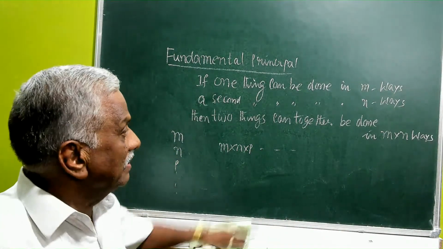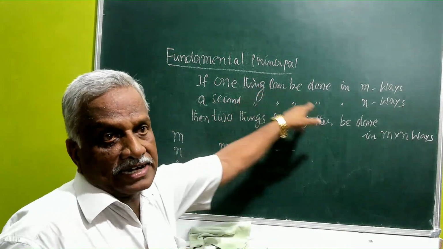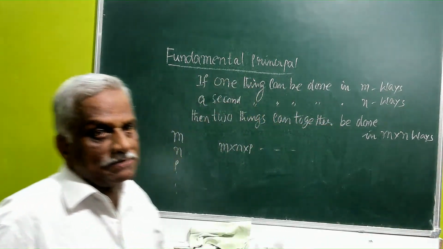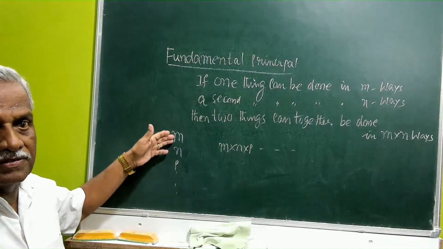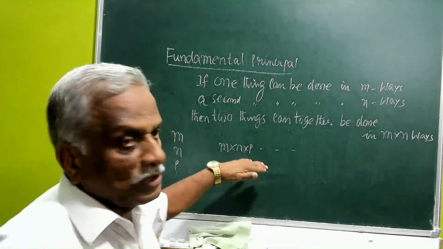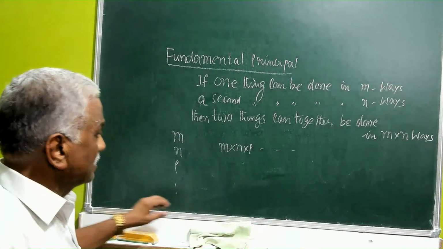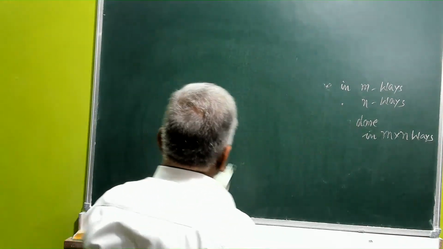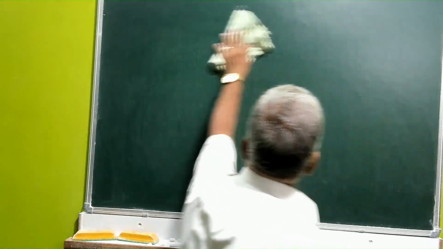If one thing can be done in m ways, the second thing in n ways, two things can together be done in mn ways. Supposing we have a number of cases, one thing can be done in m ways, second thing in n ways, third thing in p ways, etc. Then you can do all of them in m into n into p ways. So this is what is required, and use this fundamental principle for working problems.